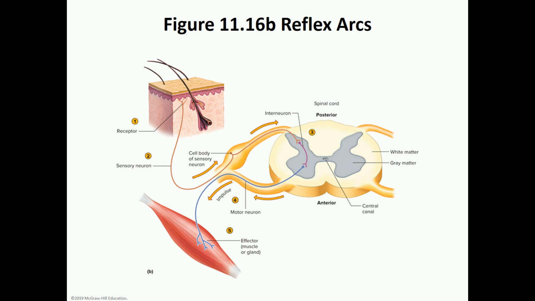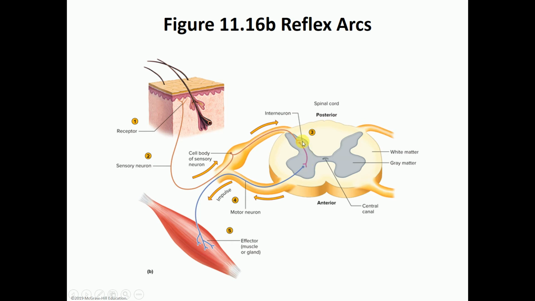So here you can see that spinal reflex, where we're looking right here at the receptor. These are free nerve endings, so these are pain receptors found on a piece of skin. So let's say this person got pricked by a needle. So the receptor will receive that pain stimulus. It'll go through the sensory neuron through the dorsal root, and then reach here.